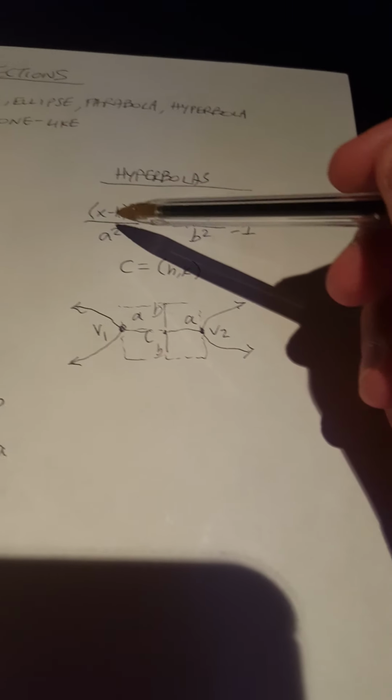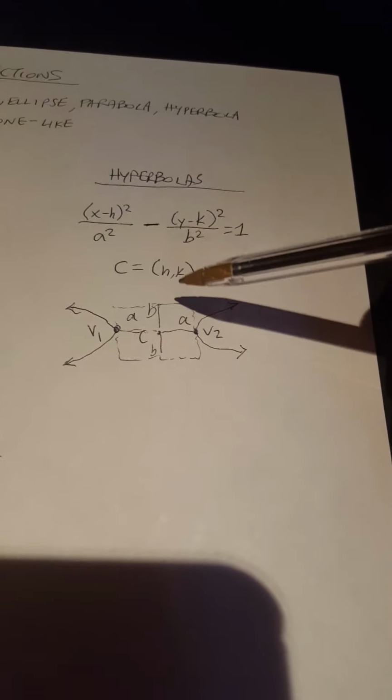So I'll say v1 and v2. And then this is going to end up looking like this. It'd be like having a sideways parabola opening to the left and the right. Like I said, you know this because it's x squared minus the y squared.